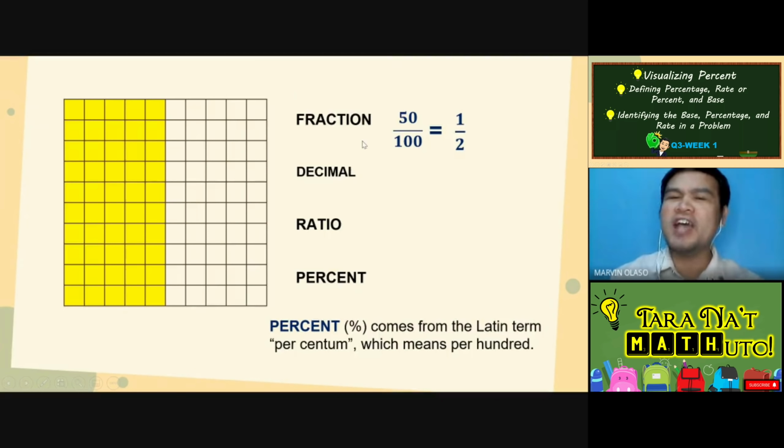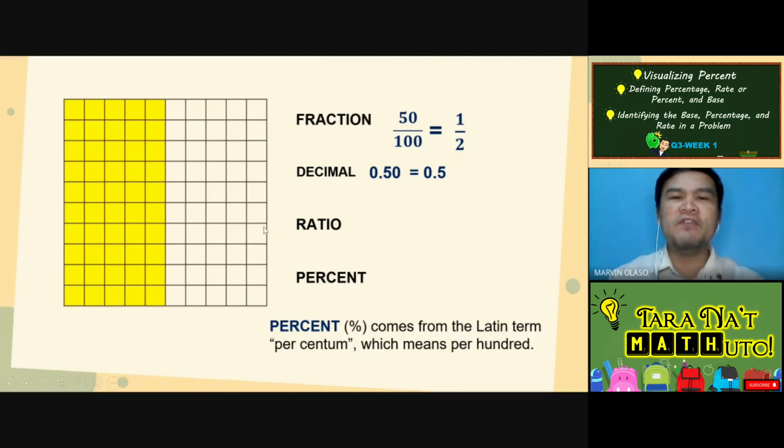Since we have already answered that the figure is 50 out of 100, which means it is also equal to 50 hundredths. Di ba? Pag pinasa natin yan, it is also 50 hundredths. Or kapag tinanggal natin ang 0, it is also equal to 5 tenths. Naintindihan? Pag decimal, dapat kunin mo yung figure out of 100 or out of 10 muna, out of 100, kung hindi pwede, out of 1,000.